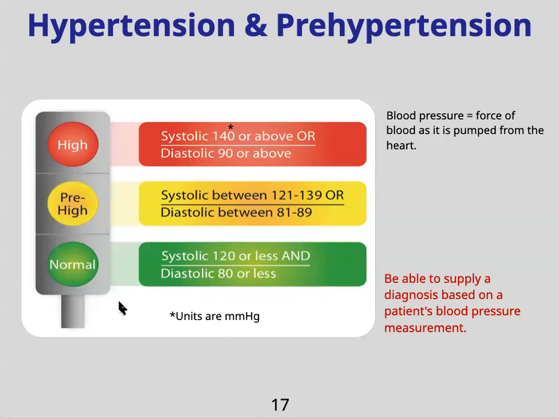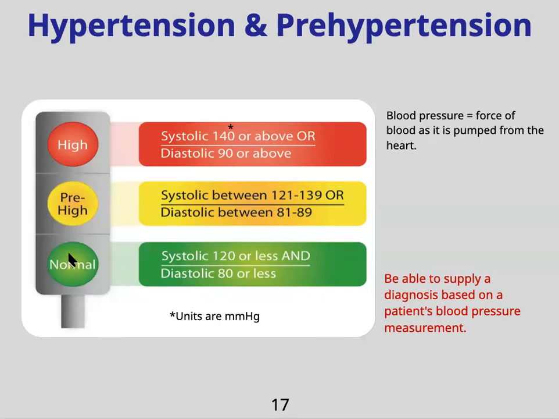And then there is a level between normal blood pressure and hypertension called prehypertension. And this is defined by systolic blood pressure between 120 and 140, and diastolic blood pressure between 80 and 90. Okay, so before 90, basically from 81 to 89. And then systolic is between 121 and 139.